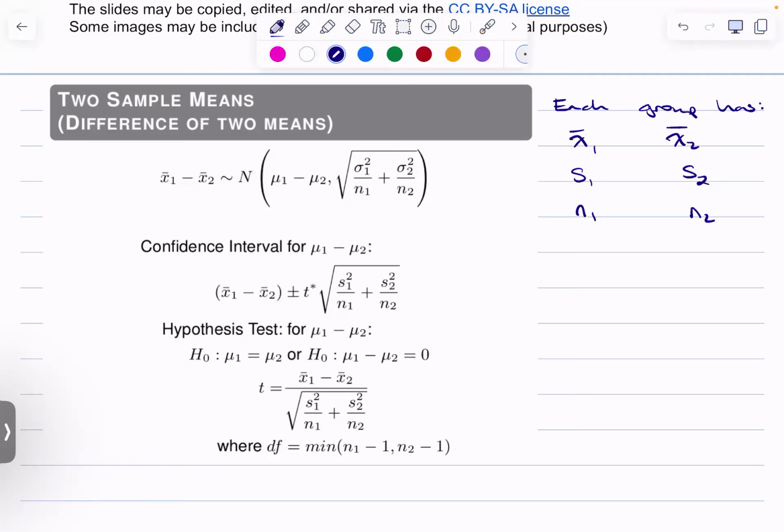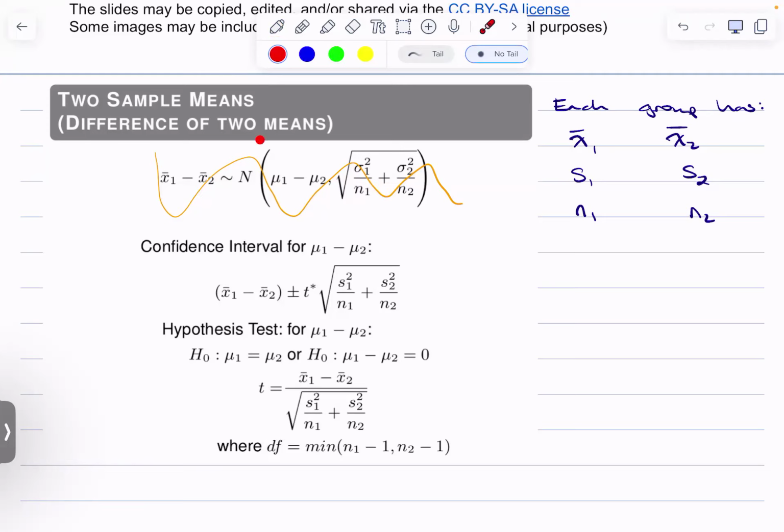This, as before, is just theory. You can ignore that it's true, and it is something that we're relying on in our formulas, but that's more for me. I would feel like a fraud if I didn't put it on there, but that's not for you to worry about. Here, x1 bar minus x2 bar is the difference of the 2 means.